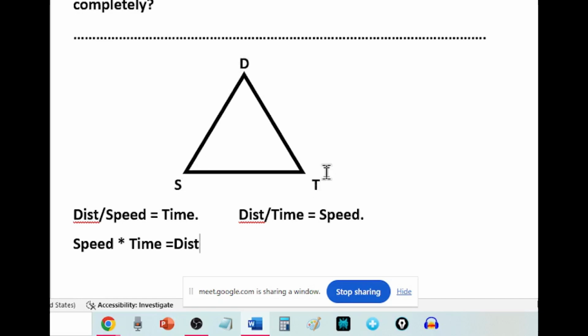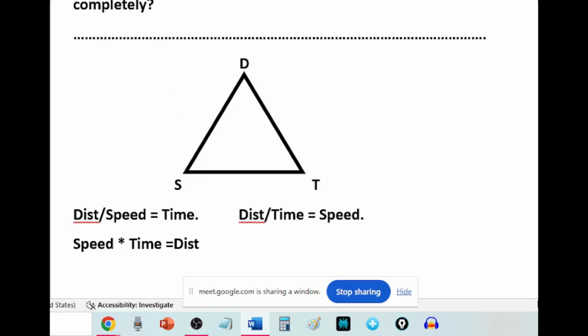So if you arrange in alphabetical order, top and bottom you divide, and if you take two things on the same line, multiply. Speed and time, same line, multiply. Distance and speed, one top, one bottom, divide. Distance and time, divide. Got it?